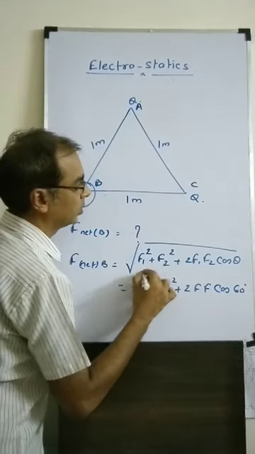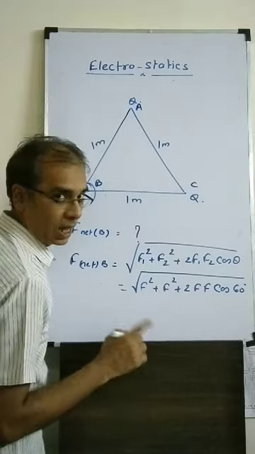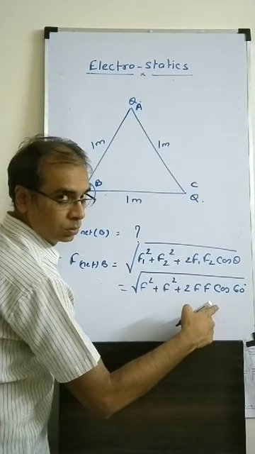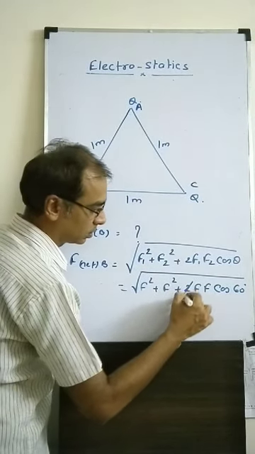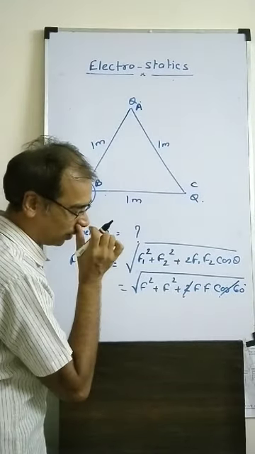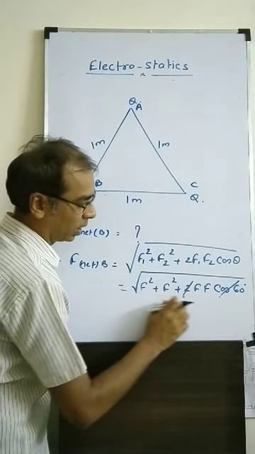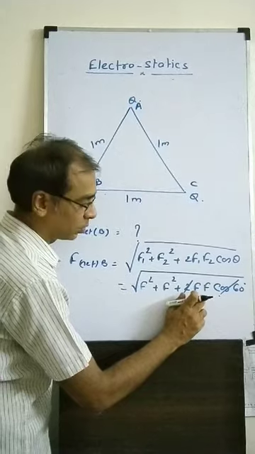Cos 60 degrees means half, 1 by 2, so this 2 and this 2 get cancelled. What we are getting is F square plus F square plus F square, that is 3F square.